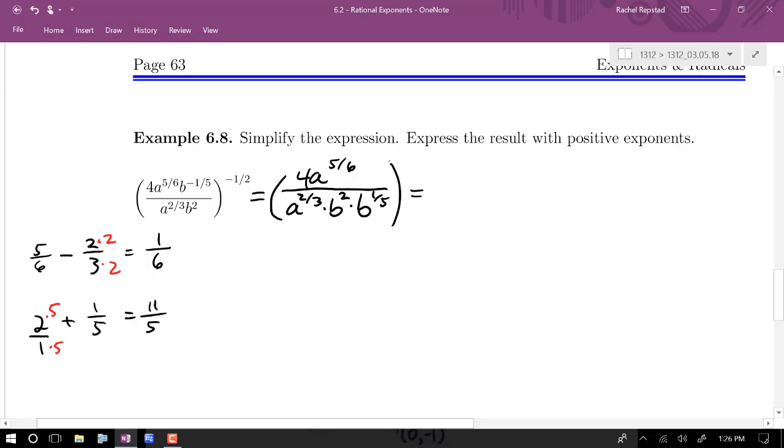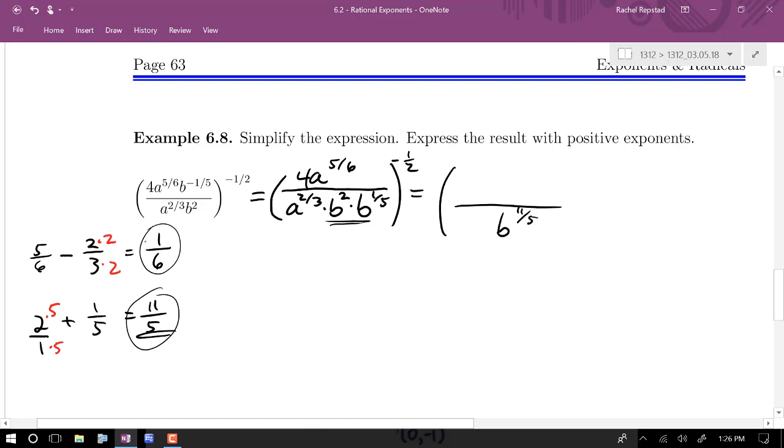So, and this is all to the negative 1/2. So these both end up being positive, right? And what that means is, in particular, this stuff on the 11/5 is positive, but that product was in the denominator, so that's a b to the 11/5 on the bottom. When we subtracted 5/6 minus 2/3, we got a positive 1/6.